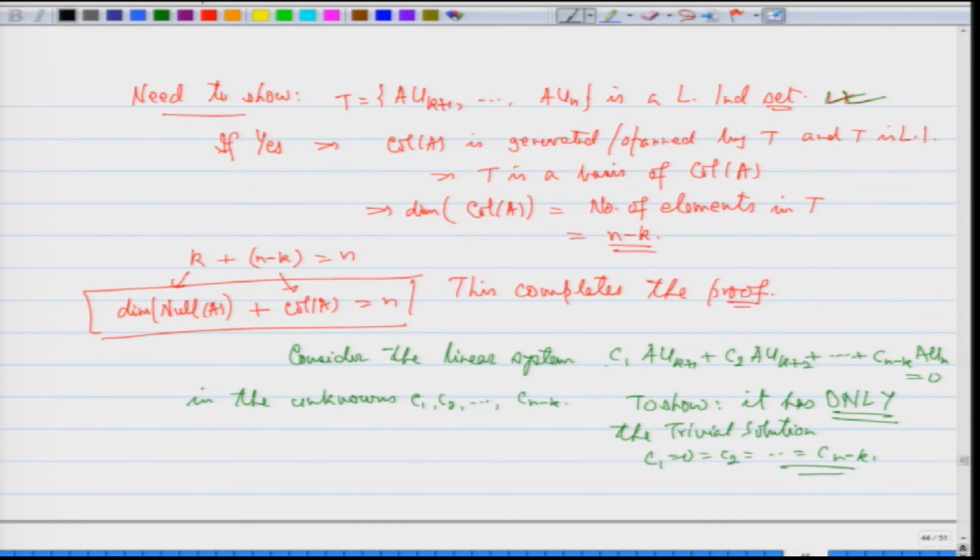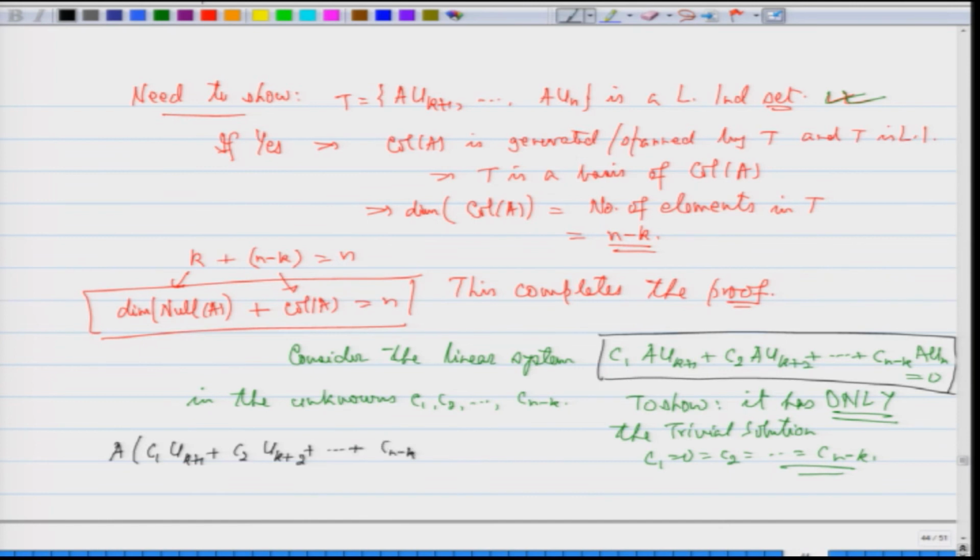So, I am trying to solve a system which is C1 A u_{k+1} plus C2 and so on. Now, A is a matrix, so I can take out A on the left. I can rewrite it as A times (C1 u_{k+1} plus C2 u_{k+2} plus C_{n-k} u_n) is equal to 0.